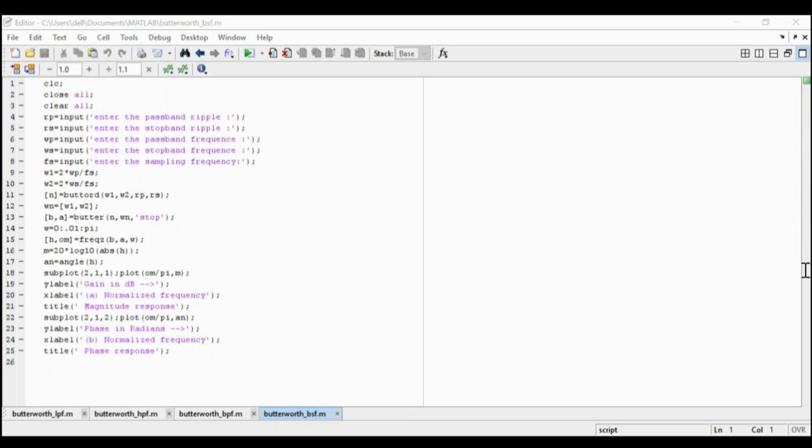The entire program is the same, only one command is different. As I told you, N is equal to buttord of omega 1, omega 2, RP, RS, omega is equal to omega 1 comma omega 2, and B comma A is equal to butter of n comma omega 1 comma stop. This is the Butterworth band stop filter. It is going to stop a certain set of bands and allow the remaining bands of frequencies.